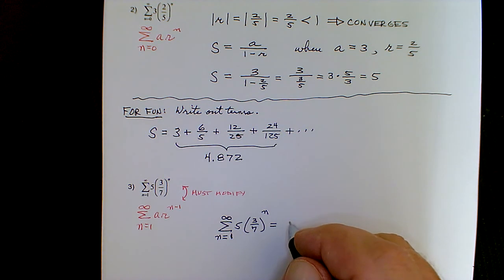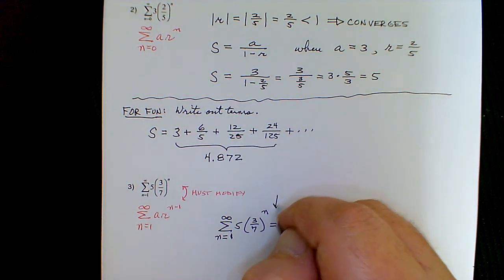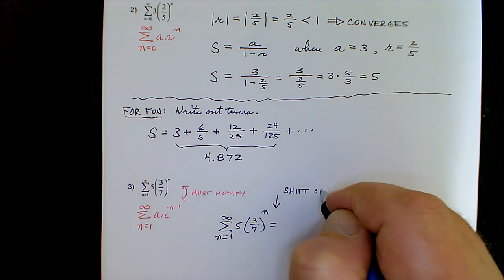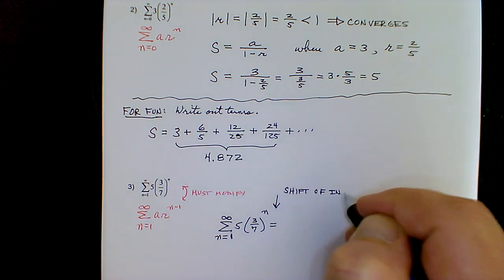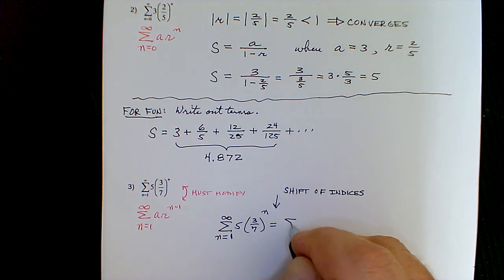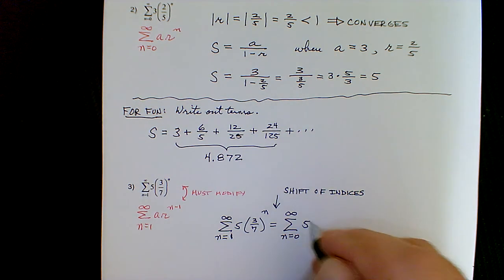This is what I call a shift of the indices. What I'm going to do is I'm going to drop down the value of n. I'm going to decrease n by 1 and make it 0. But if I decrease that by 1 to compensate, I have to increase the value of n in the expression for the defining equation of the nth term. So that becomes n plus 1.